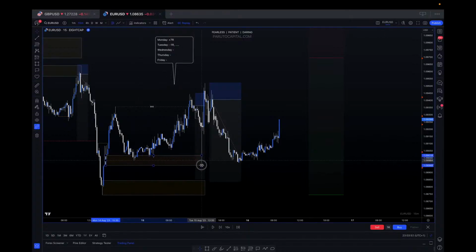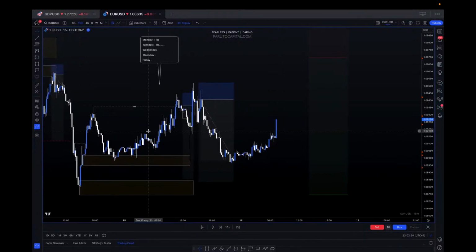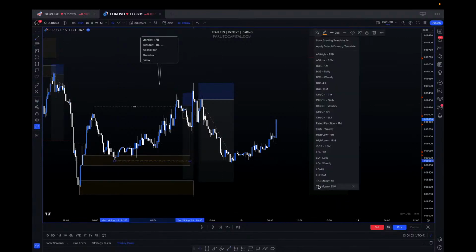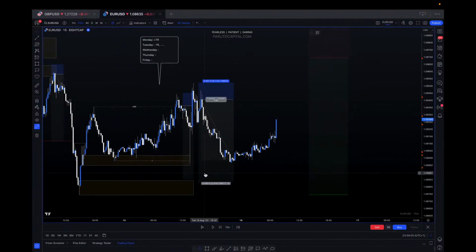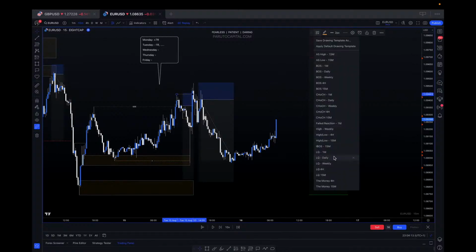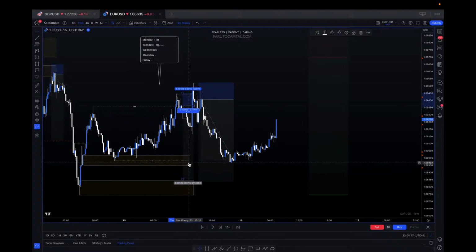So we have here this, here you can see this is a sweep of liquidity. Oh, interesting. Now with this type of price action, our target shouldn't go beyond this level, and the reason is simply because we have this sweep of liquidity.